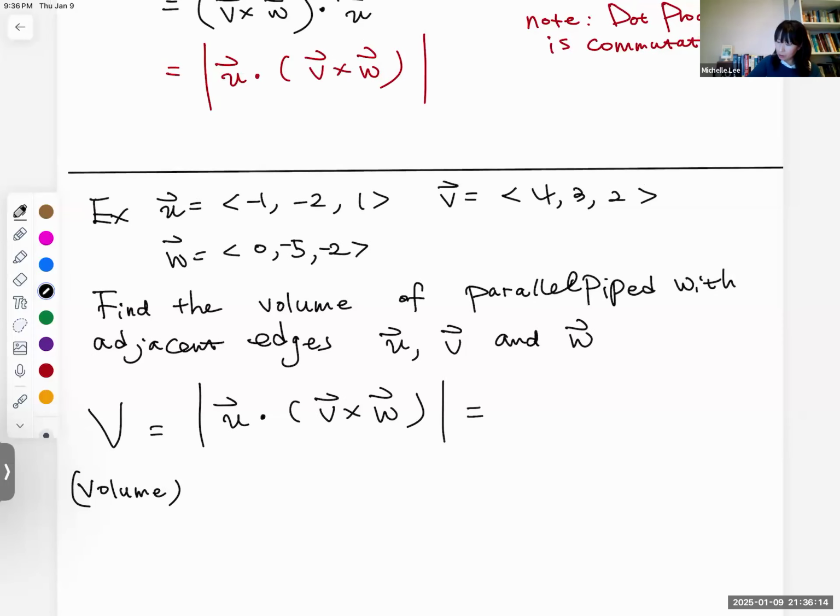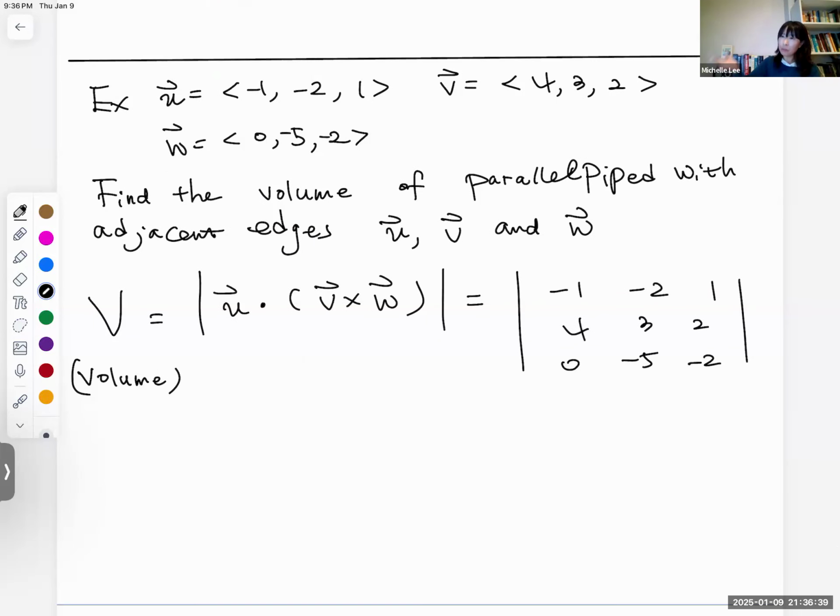Okay, that means we can just use the cross product method, right? Instead of ijk, we are using just the components of vector u. So -1, -2, 1, 4, 3, 2, 0, -5, -2.